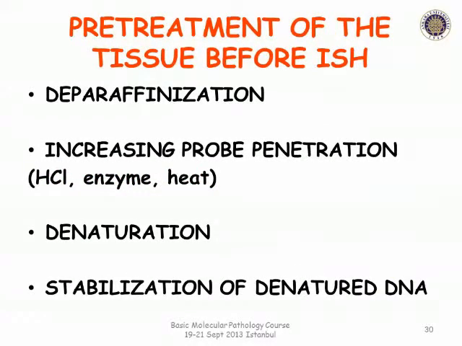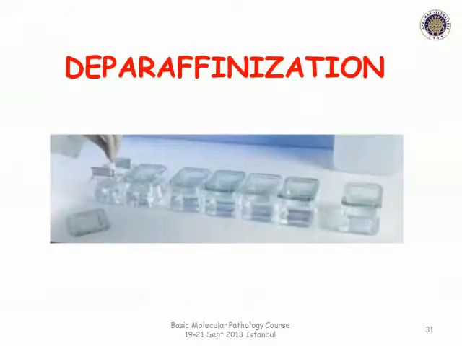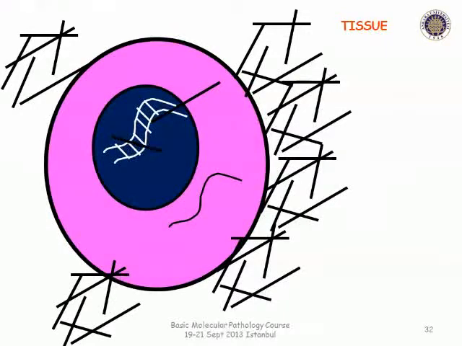So we have to deparaffinize, we have to increase probe penetration, and denature and stabilize the denatured DNA in order to start our in situ hybridization. This deparaffinization is the step that is done at the start of every histology technique.